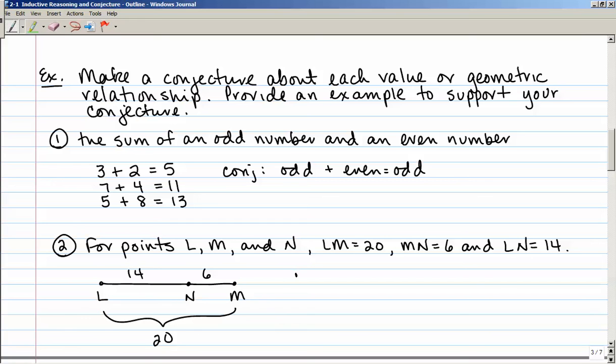So a conjecture that I could make is that L, M, and N are collinear. The only way for their lengths to add up would be for them to be in the same line, and that N is between L and M.